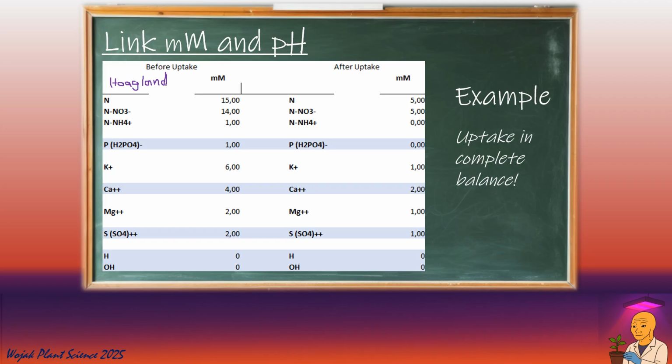I'd like to summarize what we have in total nitrogen. We have 15 millimole: 14 nitrate, 1 ammonium, phosphorus 1, potassium 6, calcium 4, and so on.